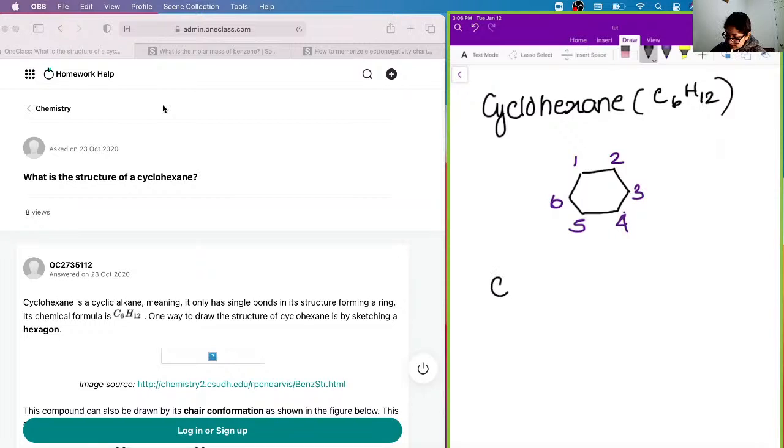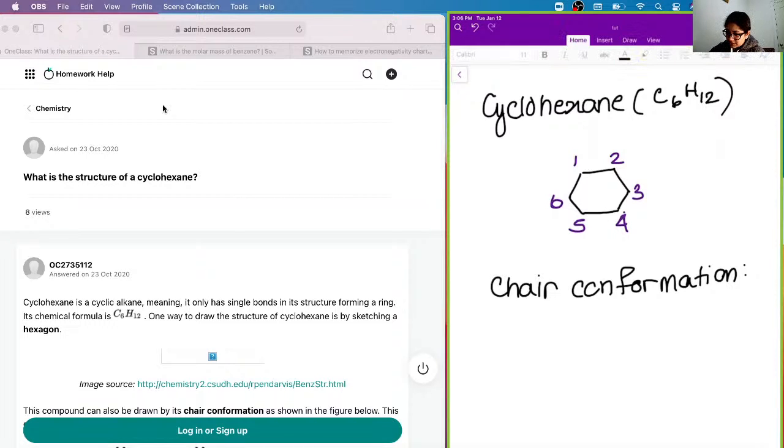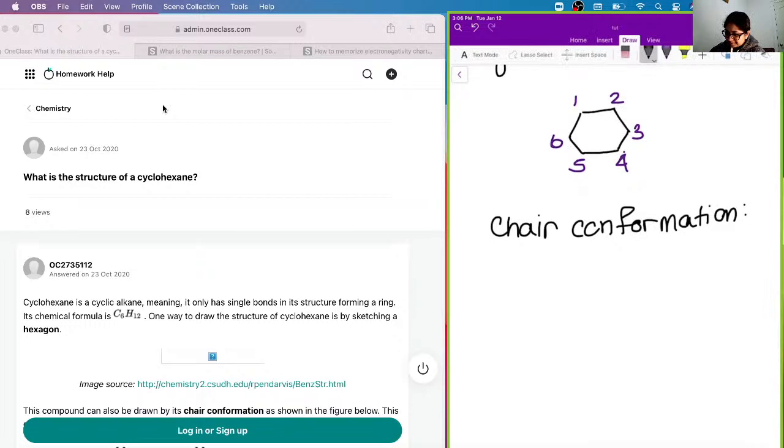So chair conformation. We're going to draw the chair conformation of its most stable form.